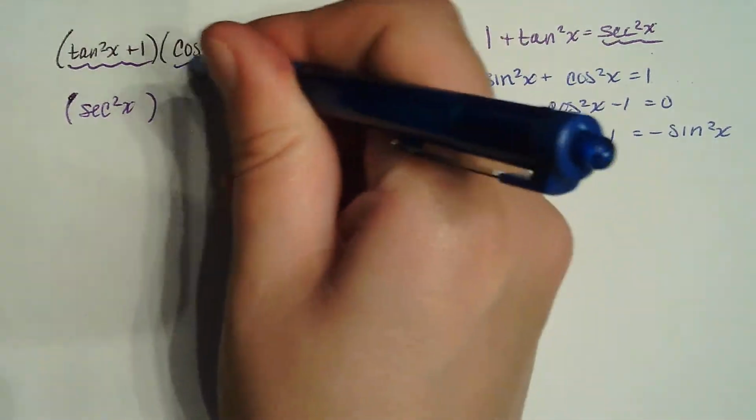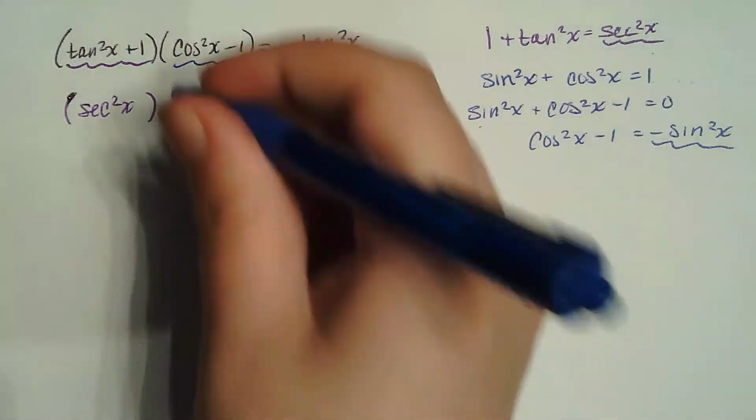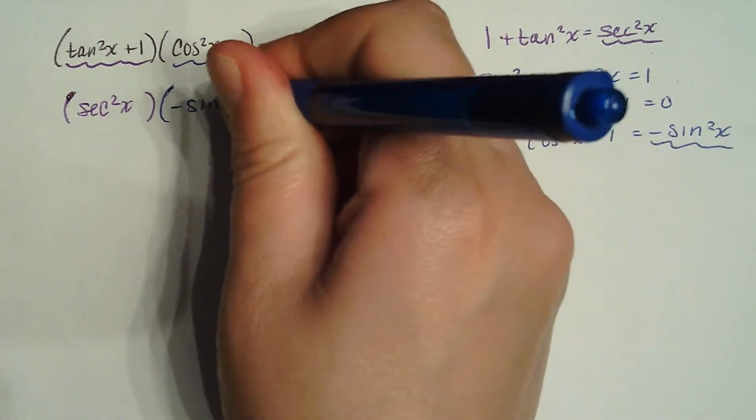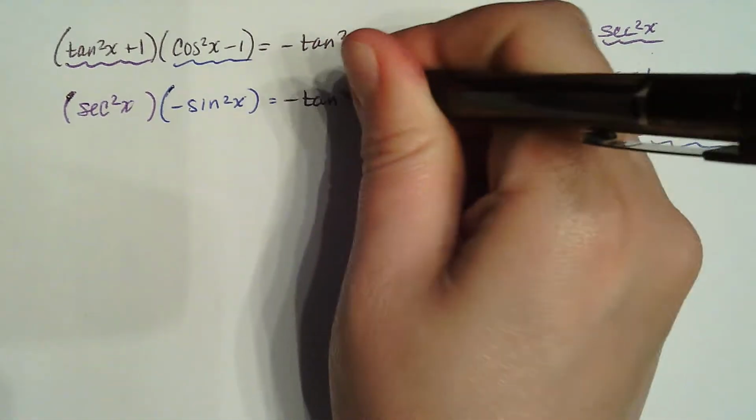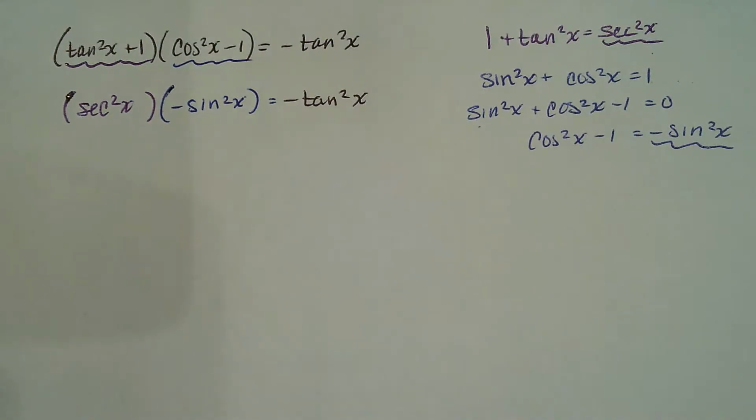And now I can do the direct substitution. Right there, negative sine squared x equals negative tangent squared x. And I'm going to rewrite secant in terms of sine and cosine, which secant, if you remember, is 1 over cosine.